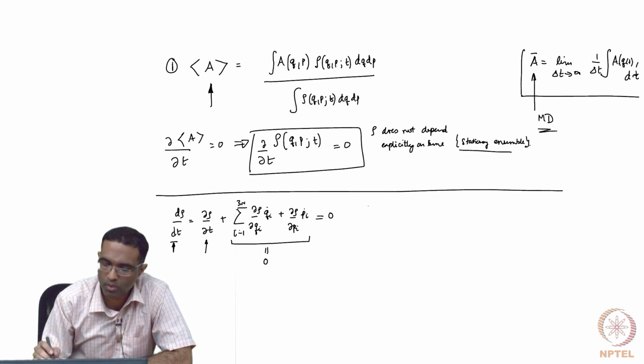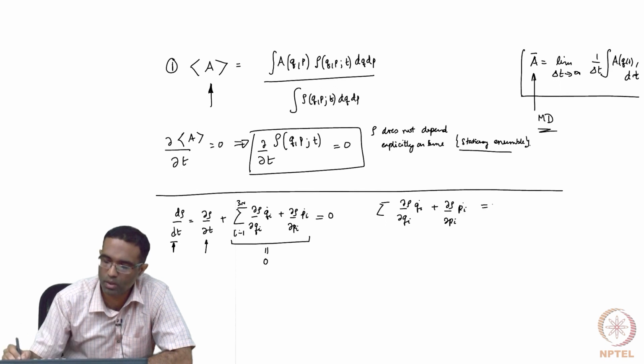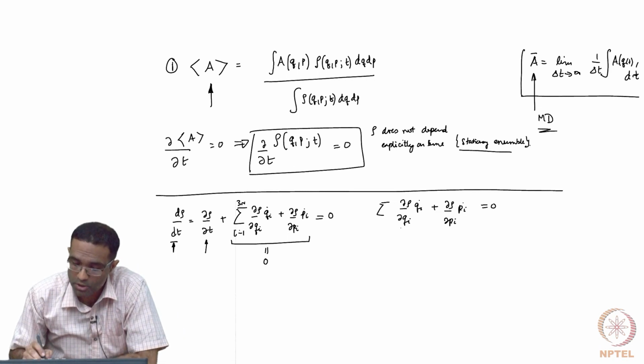Now for this quantity to be equal to 0, what must happen?